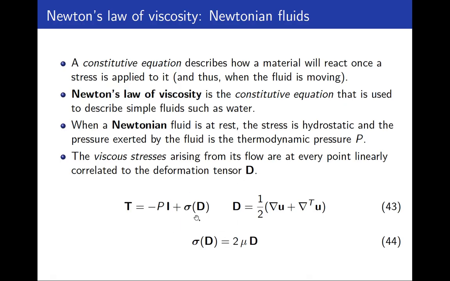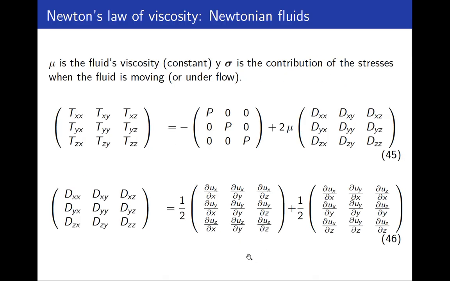For Newtonian fluids, the stress tensor is a linear relation that relates stress with the deformation tensor, and the constant of proportionality is the viscosity. So let's assume that mu is the fluid's viscosity, which is going to be constant, and sigma is the contribution of the stresses when the fluid is on the flow.